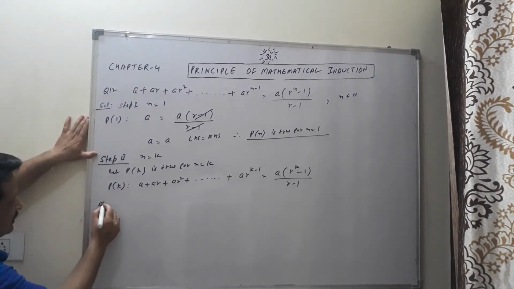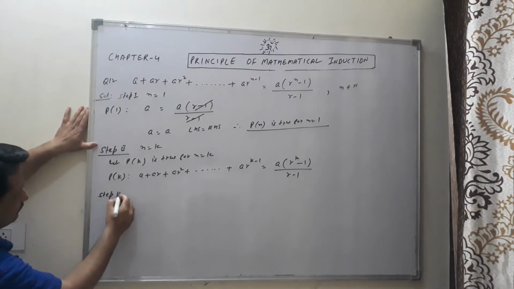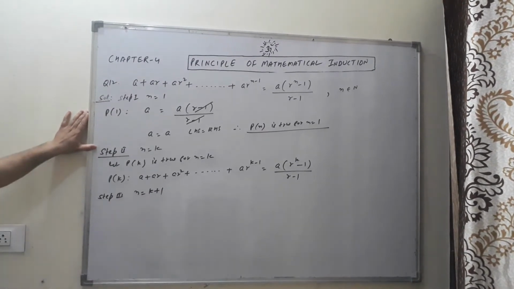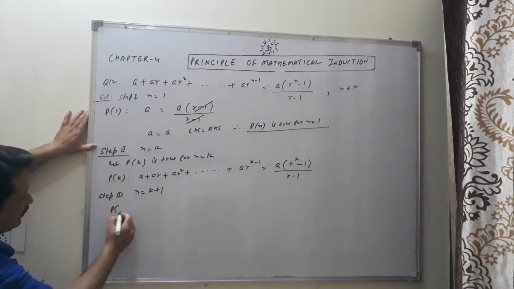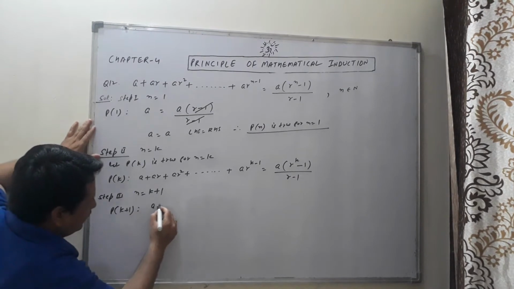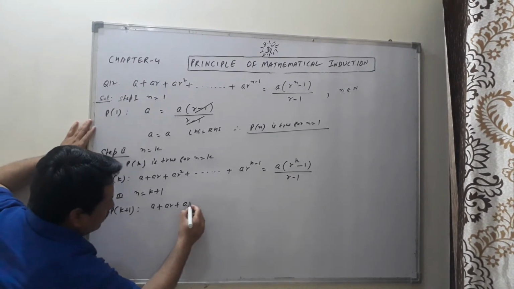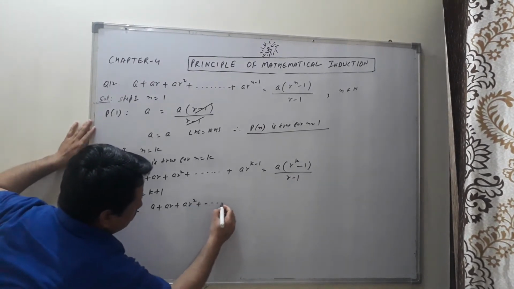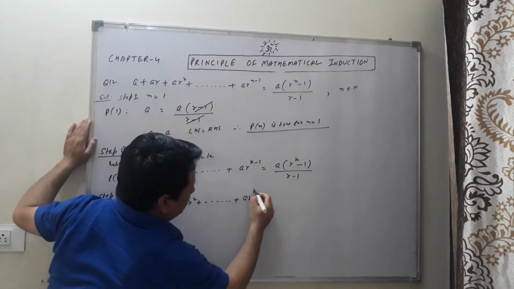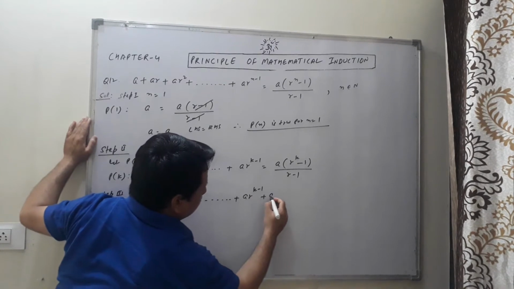So let us come to step number 3, students. That is n equal to k plus 1. So we can say that P of k plus 1 is A plus AR plus AR square plus so on plus AR to the power k minus 1 plus AR to the power k.